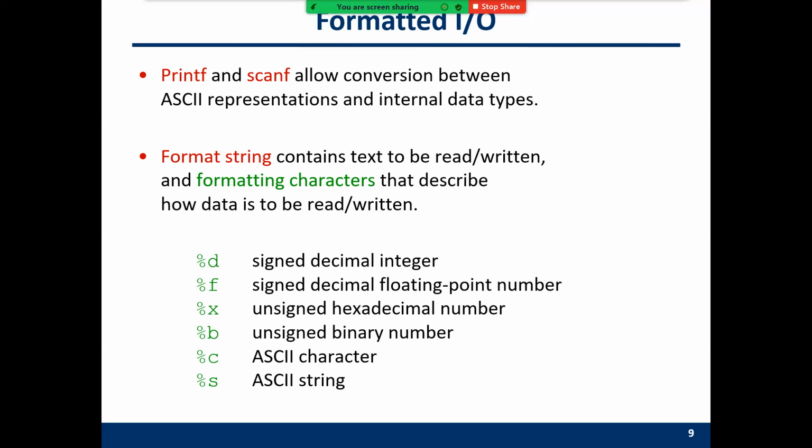And we can use these symbols to do the conversion. This is an integer. This is a floating point. This is a text. This is a binary number. This is an ASCII character. This is multiple characters. The c is only one character, but the s indicates multiple characters.